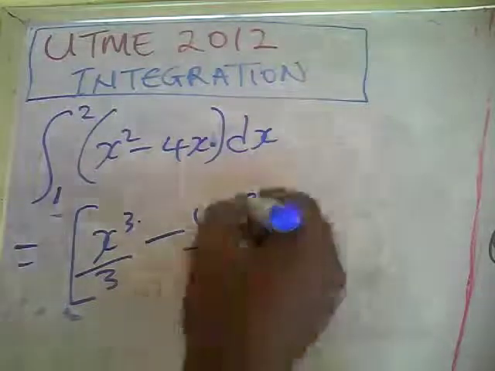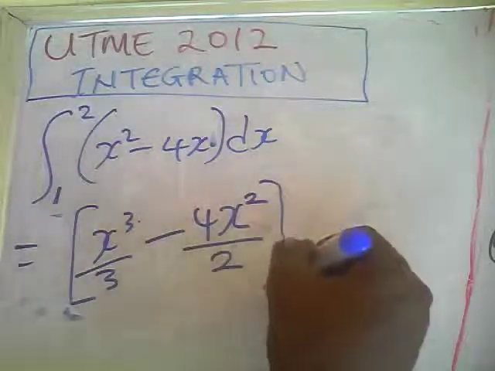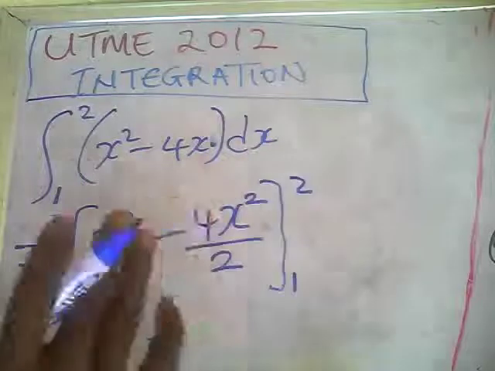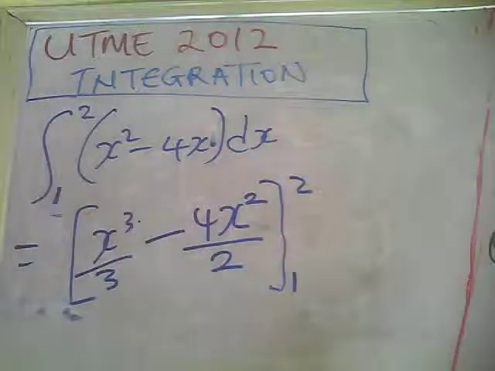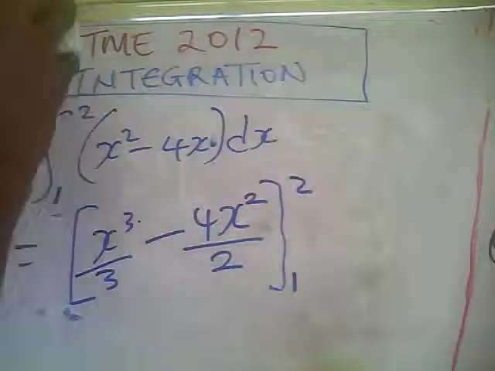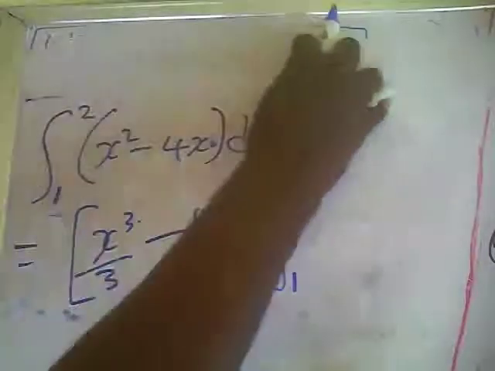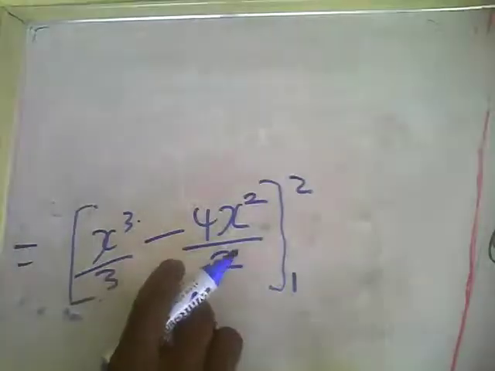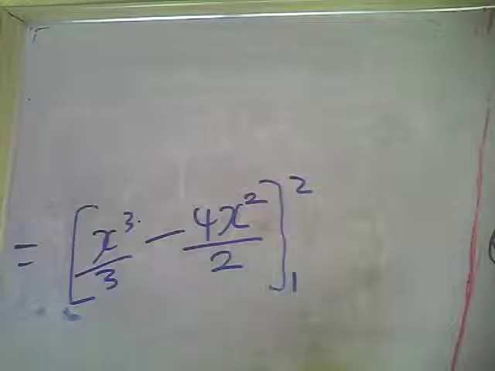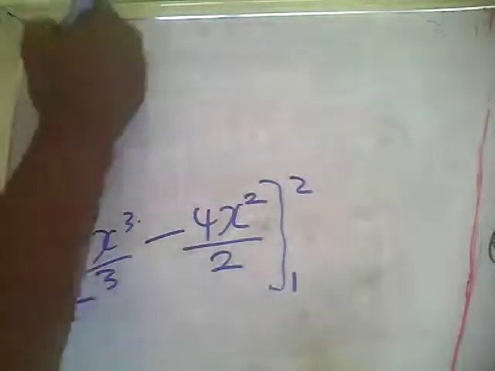Now within the limit 1 and 2, it is a definite integral, so it does not require a constant of integration. If we have gotten this, we can further evaluate it, but let us leave it like that. We have to open two brackets.